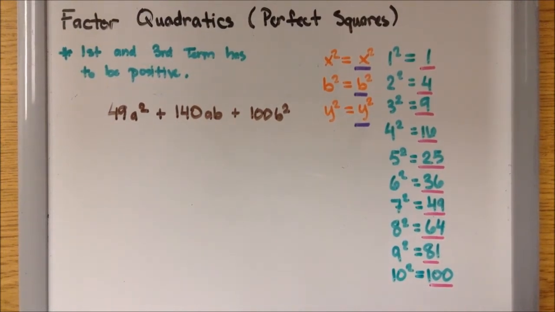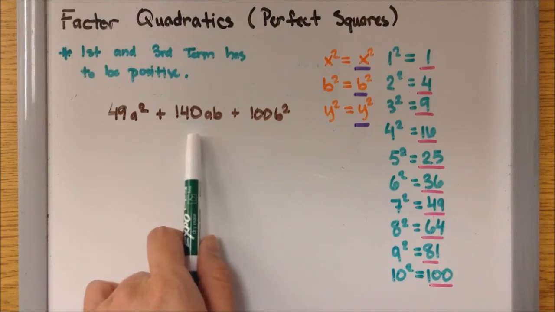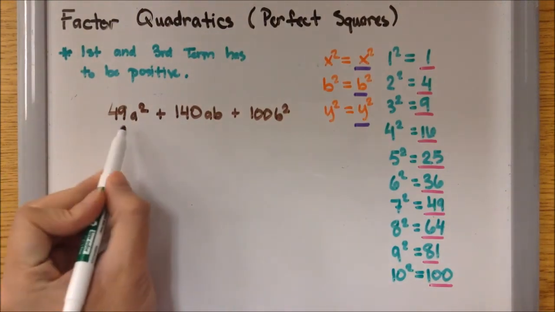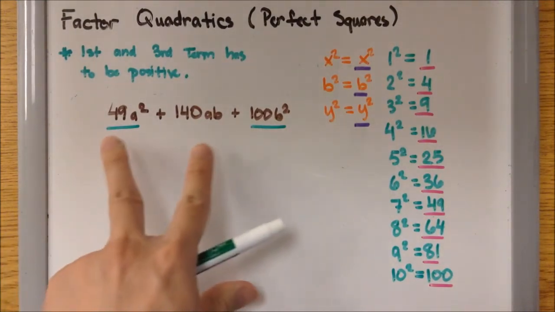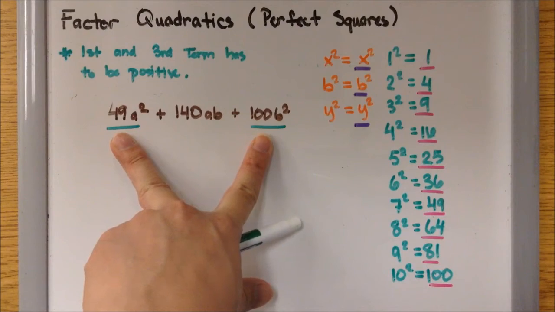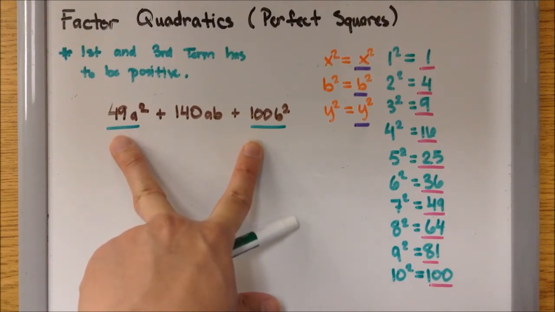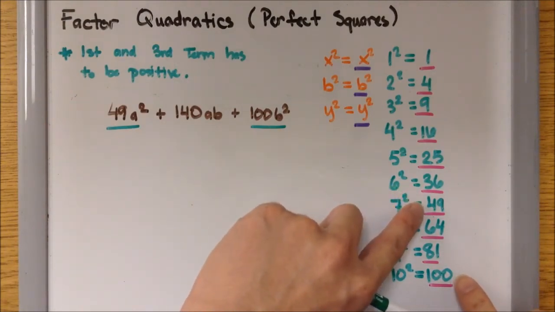In our fourth example, we have 49a squared plus 140ab plus 100b squared. First term, third term. 49 and 100, they're both positive, so we're good. Let's move on to the next part. 49 and 100, they're both perfect squares.